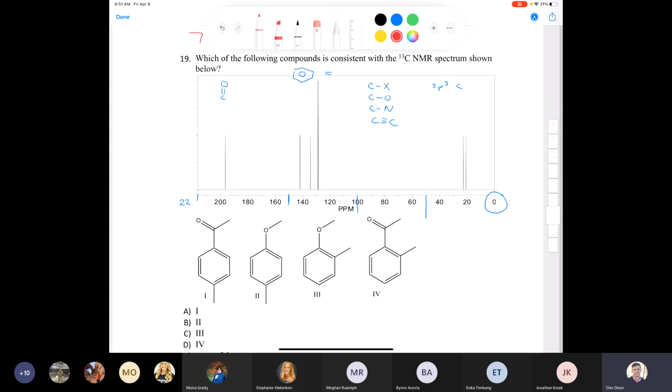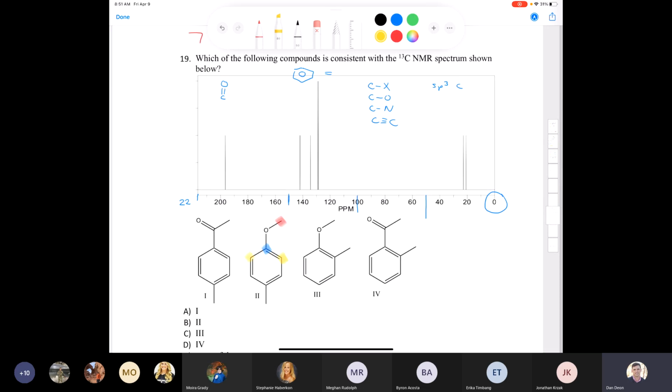Now, if I go back down here and I look at the possible structures, is there anyone that you would eliminate right away that doesn't have 7 signals? I'm curious which ones you guys might eliminate quickly. Yeah, somebody says 2 and 3. I see there's a big problem with number 2. I have a unique carbon here, and a unique carbon here.